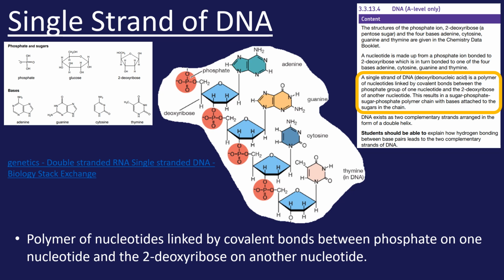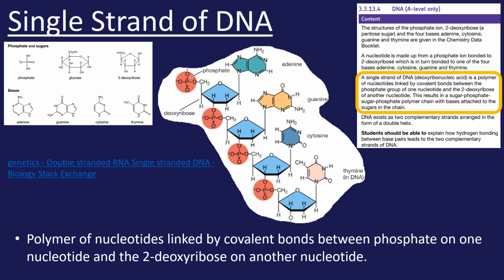So what we're looking at here is a phosphate. This section here would be classed as one nucleotide. We've got our phosphate, 2-deoxyribose, and the base. So we've got 1, 2, 3, 4. We've actually got 4 different nucleotides shown here.